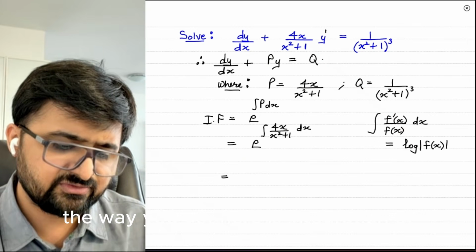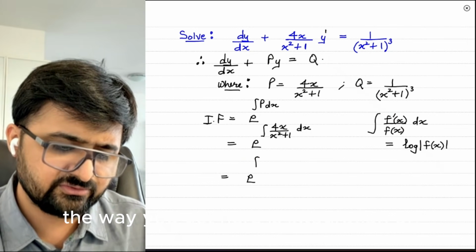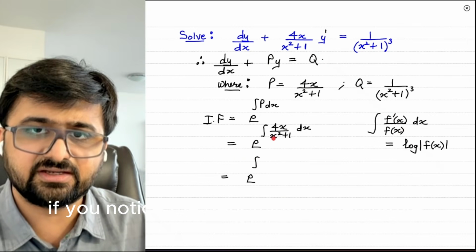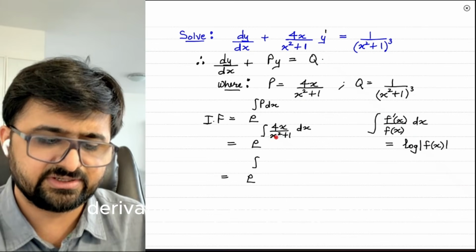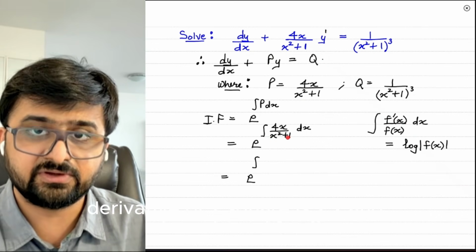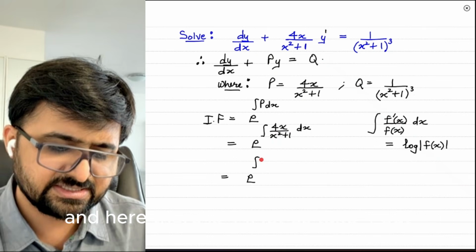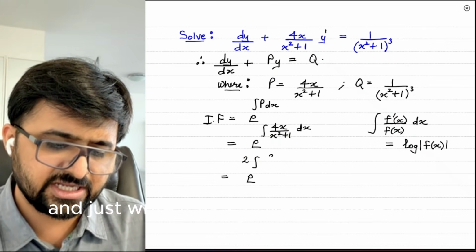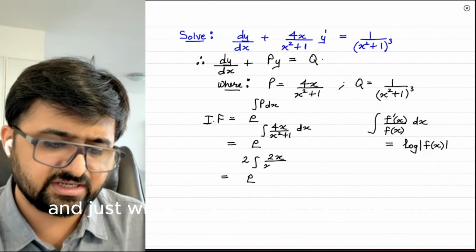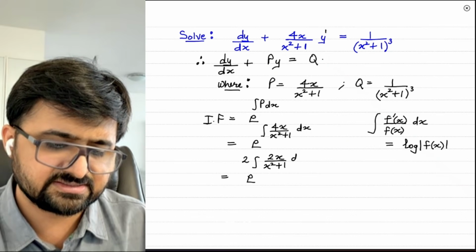So the way you get here is, if you notice, the derivative of the denominator is 2x: derivative of x square is 2x and derivative of 1 is 0. So the derivative of the denominator is 2x and here there is 4x. Let us take 4 out and write it as 2x over x square plus 1 dx.